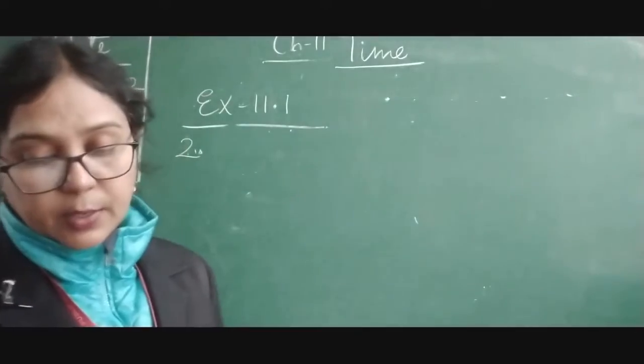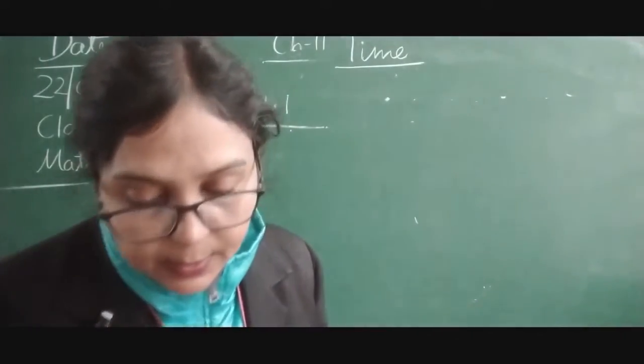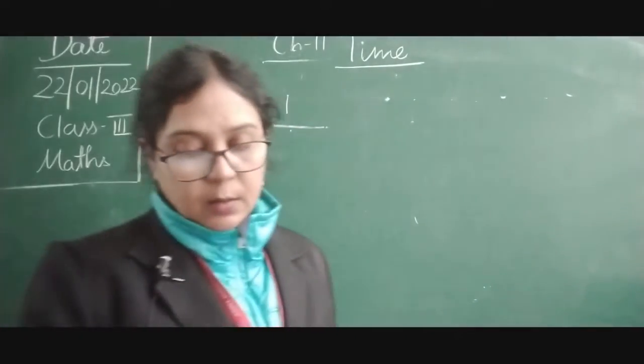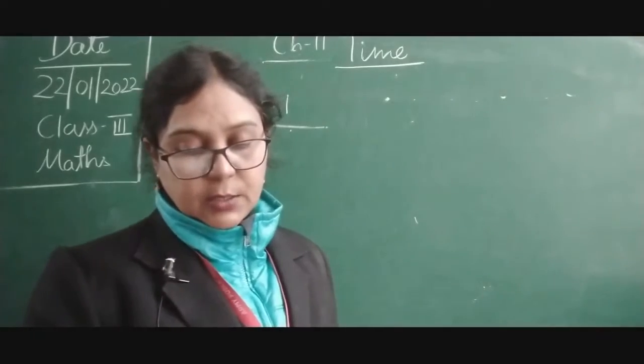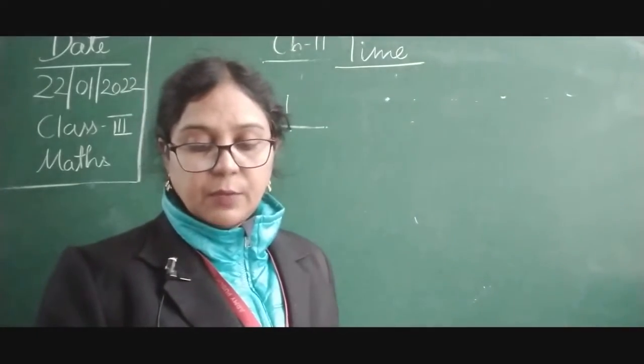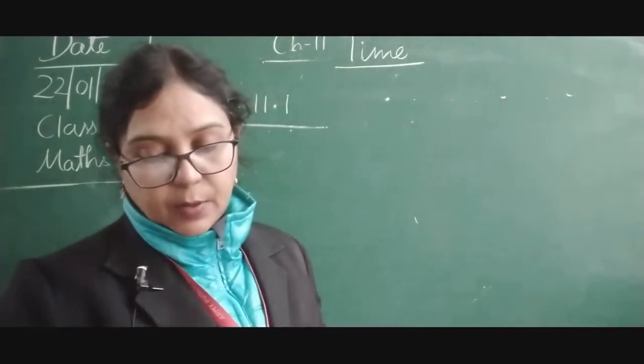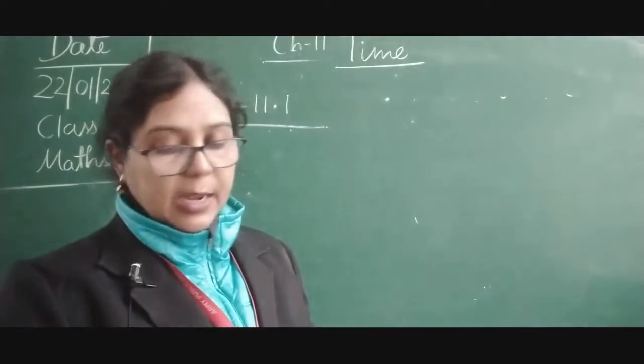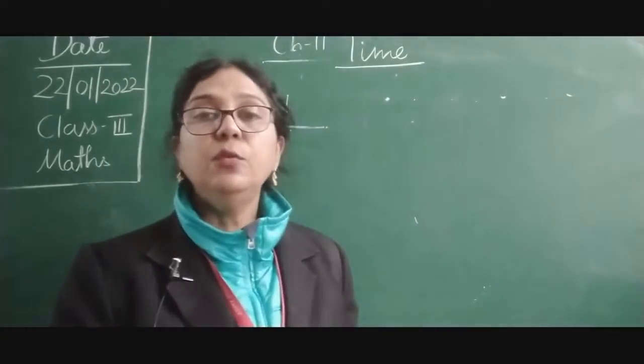So children, you can see the first one is already done, so we are going to do our second one. Here in the second one you can see we have to show 1 o'clock.